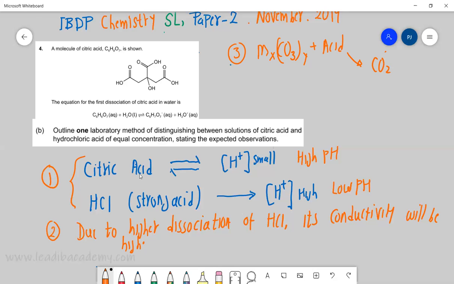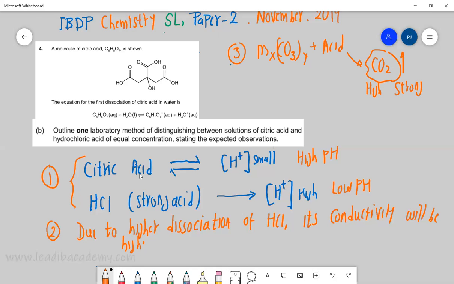So if this evolution of carbon dioxide is very high, then we can straightaway say that it is a strong acid. So high evolution means high strength, that means it's a strong acid. And a weak acid will not evolve so much of CO2.